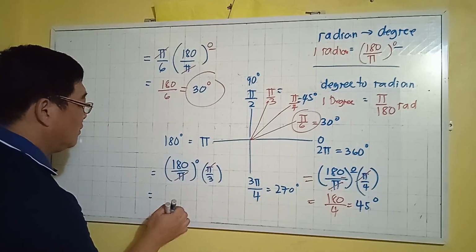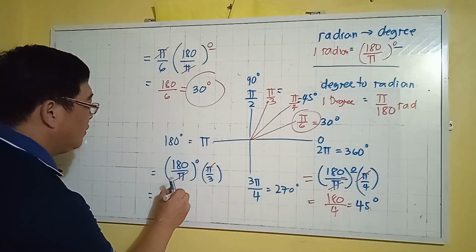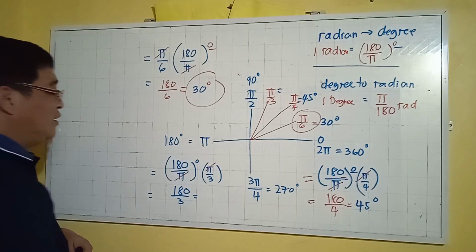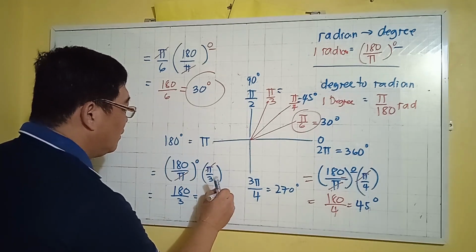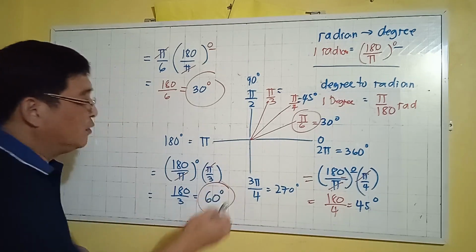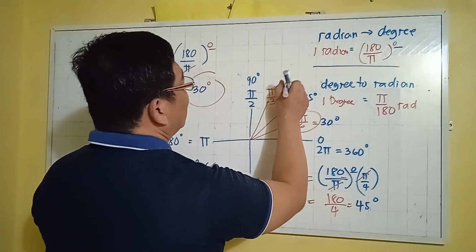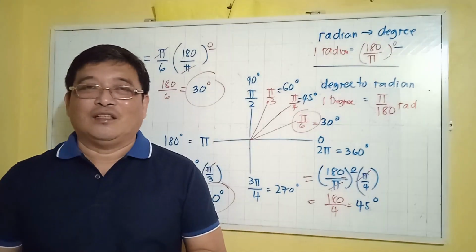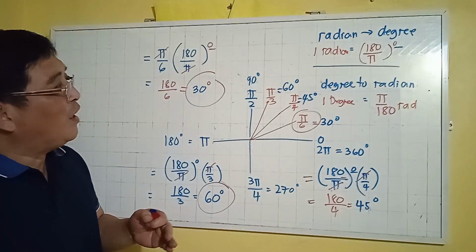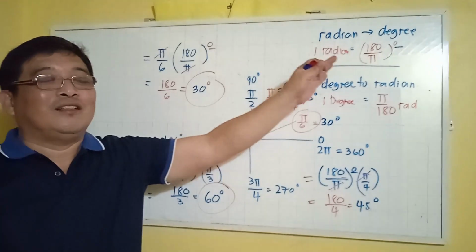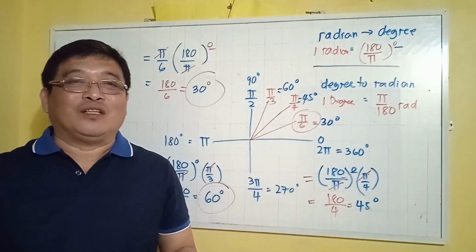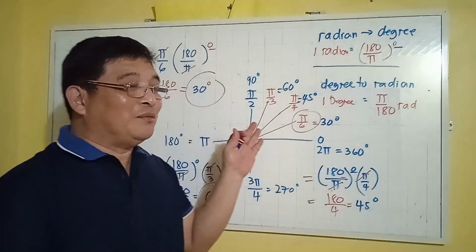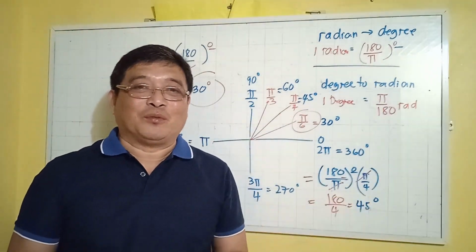Matitira is 180 over 3 is equals to 60 degrees. So, meron tayong 60 degrees dito para sa pi over 3. Ganun lang. In case na makalimutan ninyong equivalent natin ito, mag-resolve ulit kayo sa dati kong ginawang conversion kanina. How to convert degrees naman to radian using ratio and proportion.